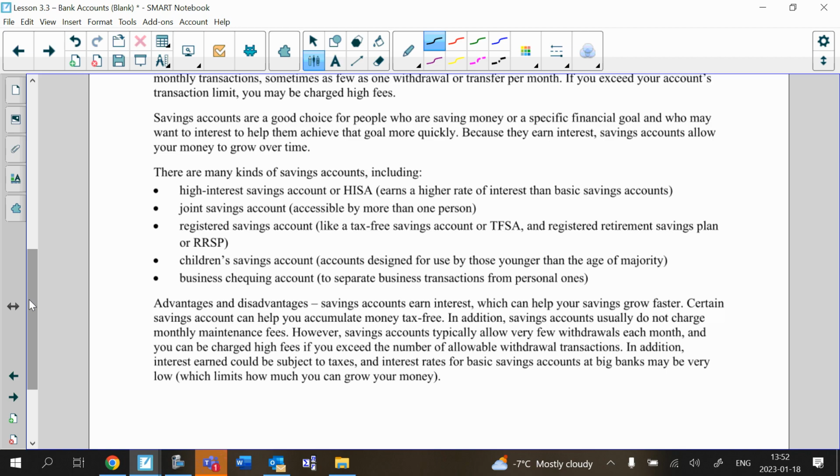What happens with those is you can save in them and you won't get charged any tax because it's tax exempt. In fact, you can get refunds. Every year, you can donate a certain amount to your RRSPs. It's not unlimited.